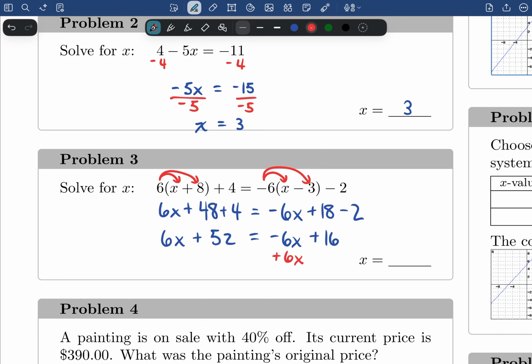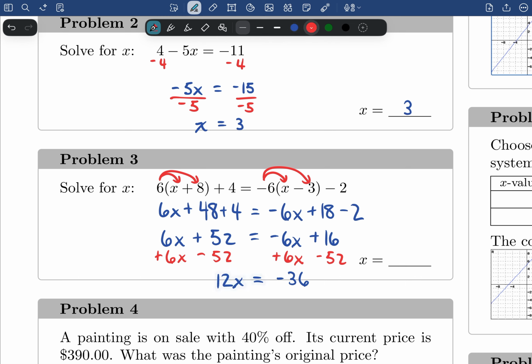Yeah, so here I'm going to add 6x from right to left, and I'm going to subtract 52 from left to right. There I go. And 6x plus 6x is 12x. And that's equal to, well, 16 minus 52, which is negative 36.